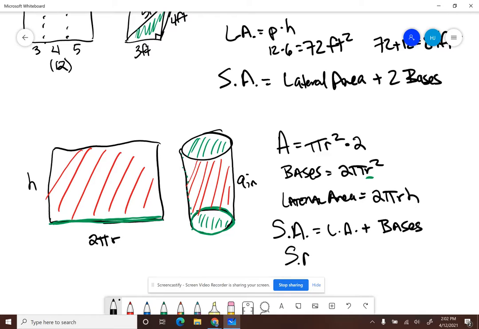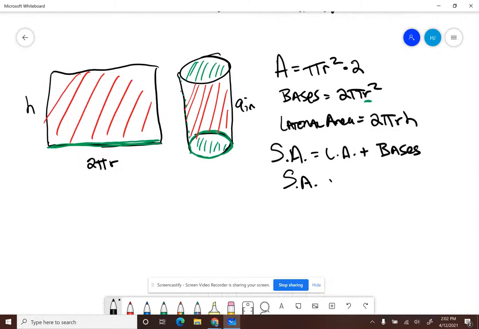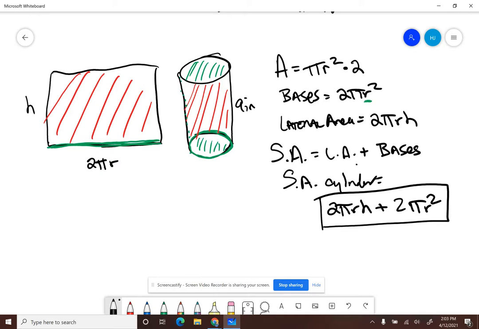So the surface area of a cylinder actually equals 2 pi r h plus 2 pi r squared, okay? This would be the formula that I would use to find the surface area of a cylinder. And it makes sense. I'm taking the area of the circles, which again was the green, and I'm taking the lateral area of the cylinder and I'm adding those two things together, and that gives me the total surface area.